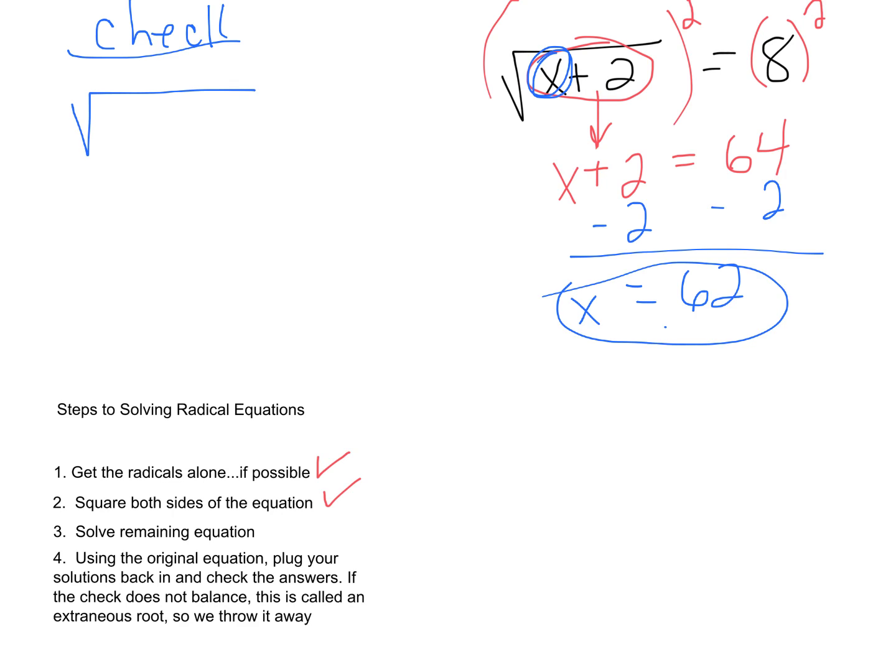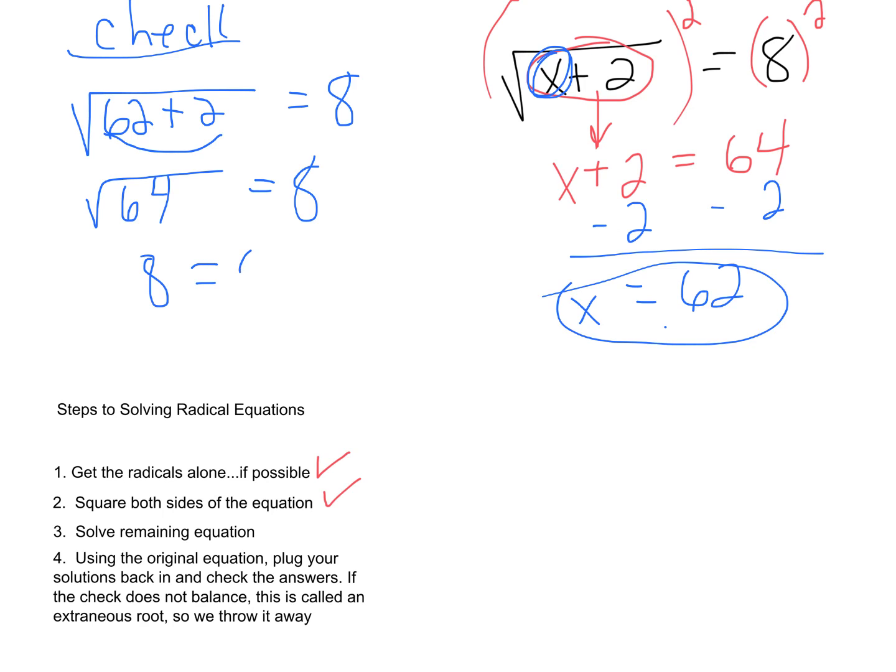Radical 62 plus 2 is supposed to equal 8. We do the math under the radical, so that's 64. It's supposed to equal 8, and the square root of 64 is indeed 8. Since I got a nice balance, I know that answer works.